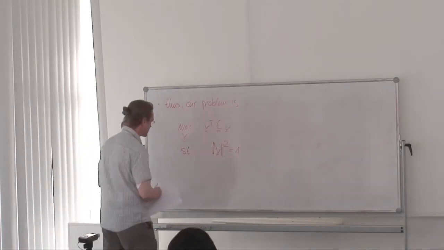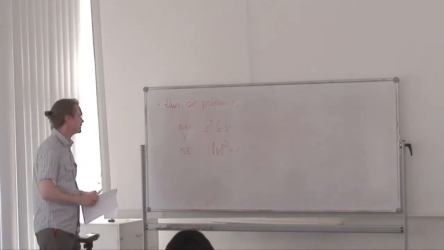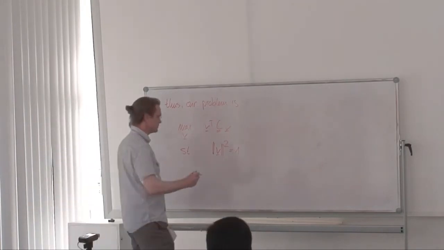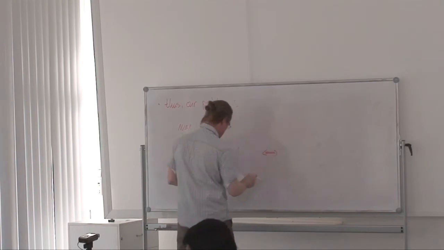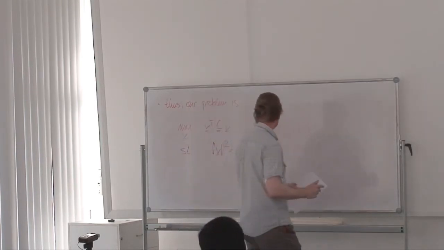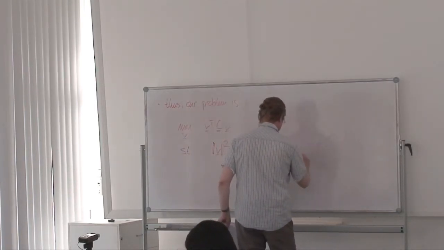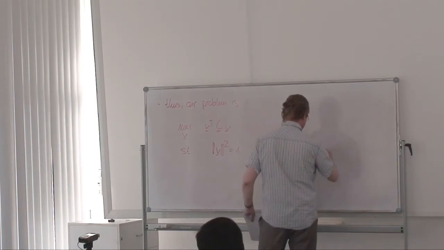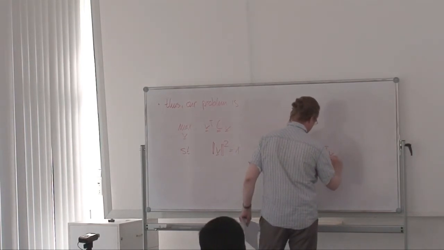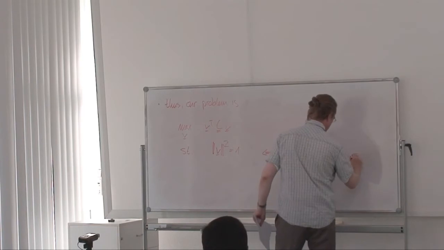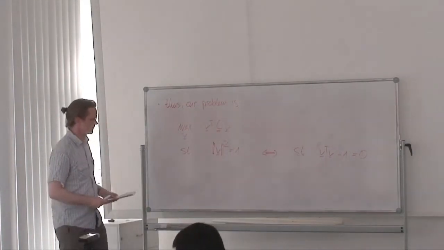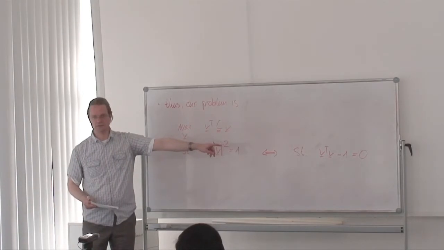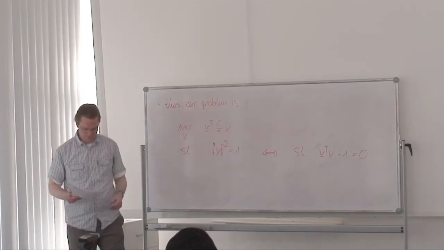Okay, and this is the same as if I were to say that v transposed times v minus 1 is supposed to be 0. Can you see that? I can also write the constraint like that. No problem.